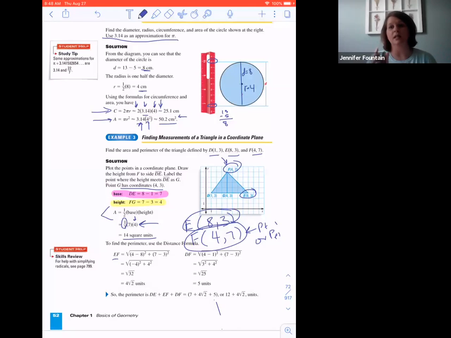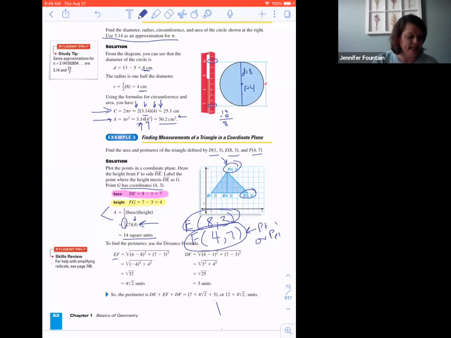I'll flip to the very back of my notebook and keep a log of things I know I can flip right back to. That would be a great place to put your midpoint formulas, your distance formulas, the segment addition postulate, things like that. So anyway, that may be helpful.